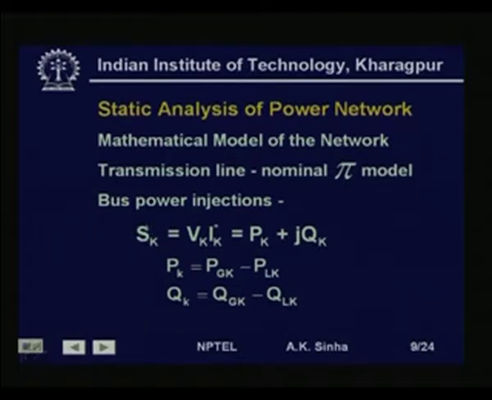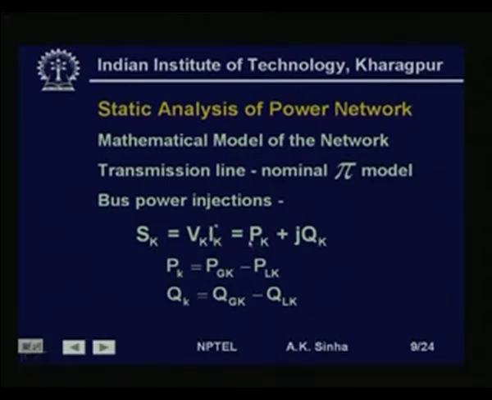This is the complex power injection, which is Pk plus jQk, and we know this complex power injection is equal to Vk into Ik conjugate, where Vk is the voltage phasor at that bus and Ik is the current injection phasor at that bus. So, using this relationship, that is Sk is equal to Vk into Ik conjugate, we will formulate the equations for power flow.